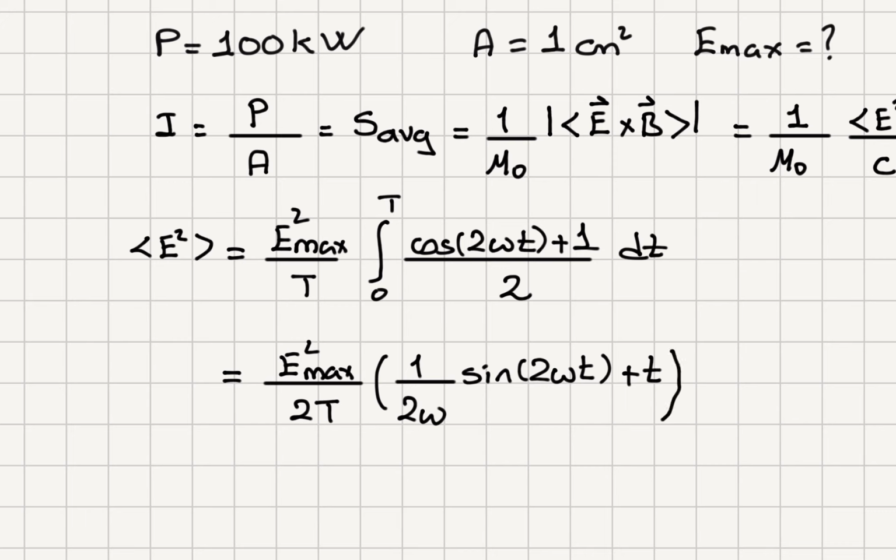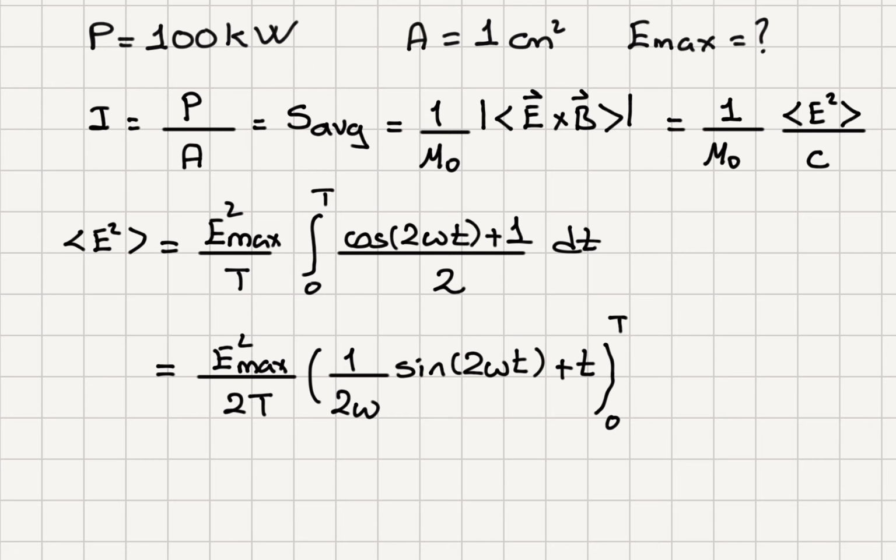Remember that I've already taken this to the left-hand side, and this will be evaluated between time t equals 0 and 1 period. If you substitute here cosine 2 omega period, since omega is 2 pi over the period, you will get sine 4 pi, which is 0.